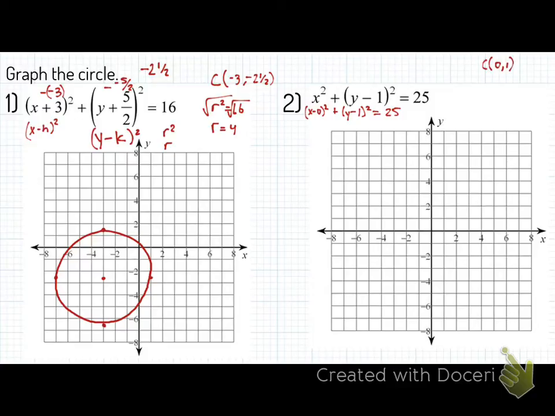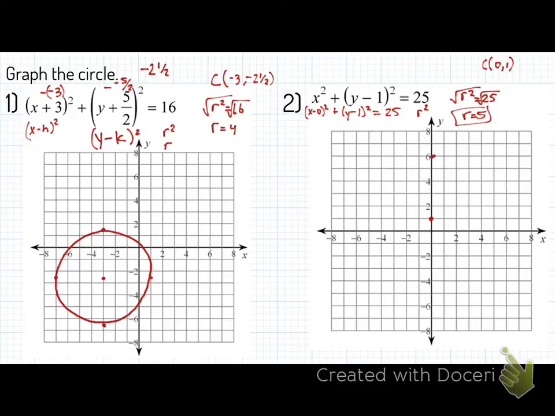And then our radius is this last number. Remember, this is our r squared. So if r squared is equal to 25, take the square root of both sides, you get r is equal to 5. Right? So we go to 0, 1, plot a point. From here we're going to go up 5 for our radius. So we're going to go 1, 2, 3, 4, 5, plot a point there.